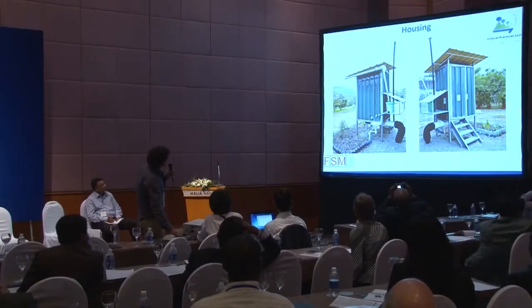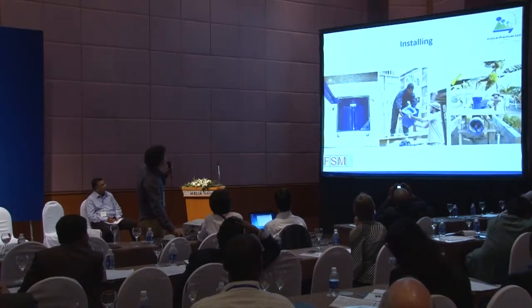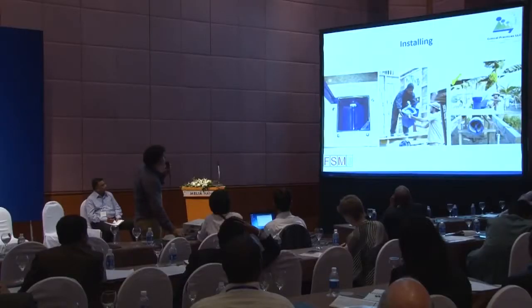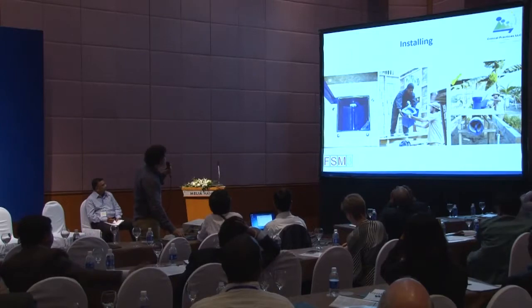These are other, fancier units, with different materials required by the government because they wanted more durability in the housing. That housing also has rainwater collection and infiltration of urine and grey-water after hand washing. So it's more than a toilet, and that's important for them. Installation is very easy, as you can see in the pictures.